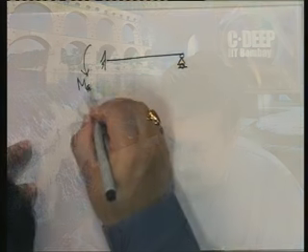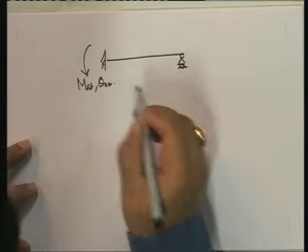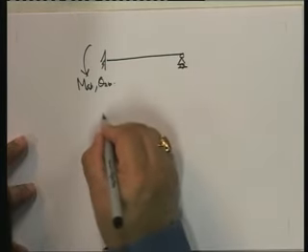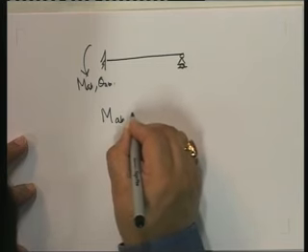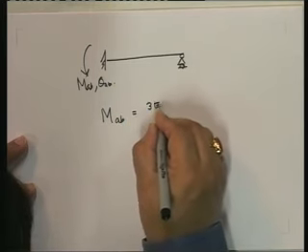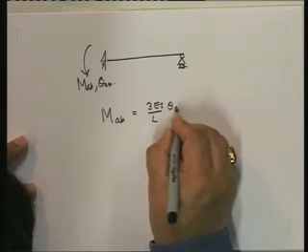Okay? So now what I'm going to do is I'm going to see how this changes. So therefore, if you look at this, ultimately the equation for this turns out to be MAB is equal to 3EI upon L theta.